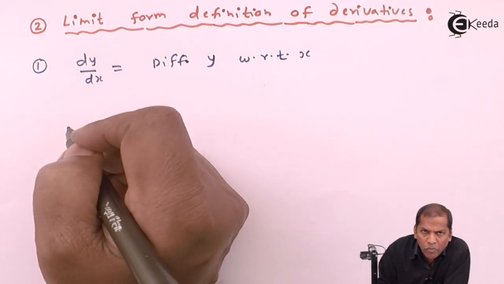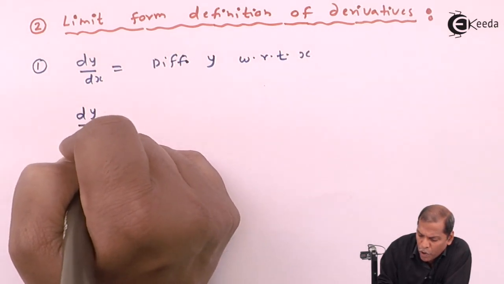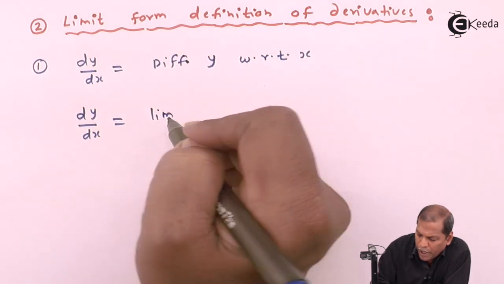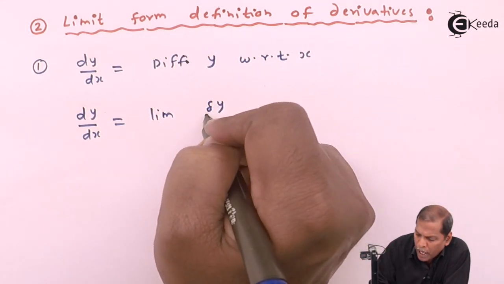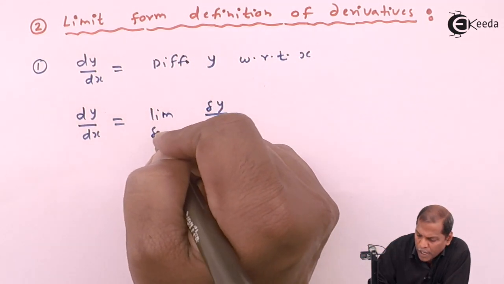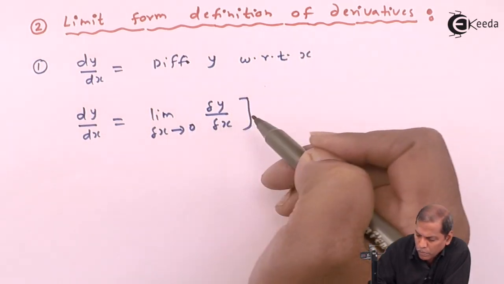In limit form, this can be written as dy upon dx is equal to limit delta y upon delta x as delta x tends to 0.